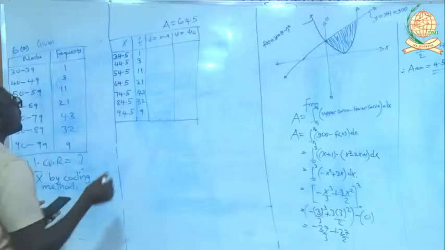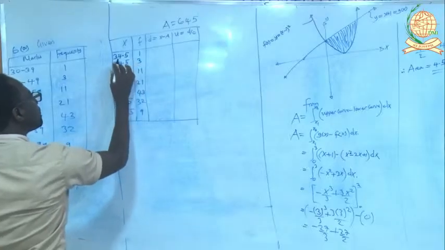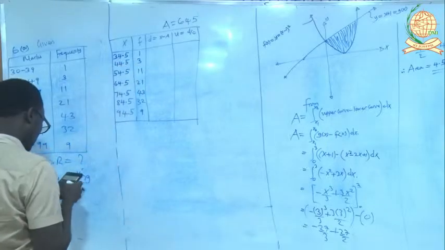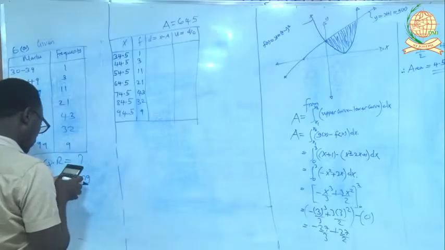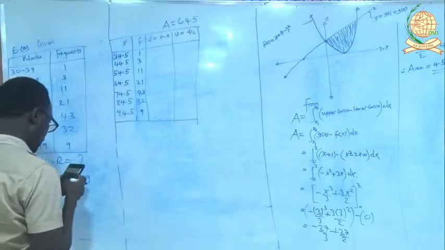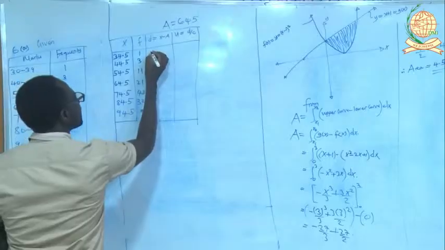Then to get this value here, you take 34.5 minus 64.5. You'll get negative 30.